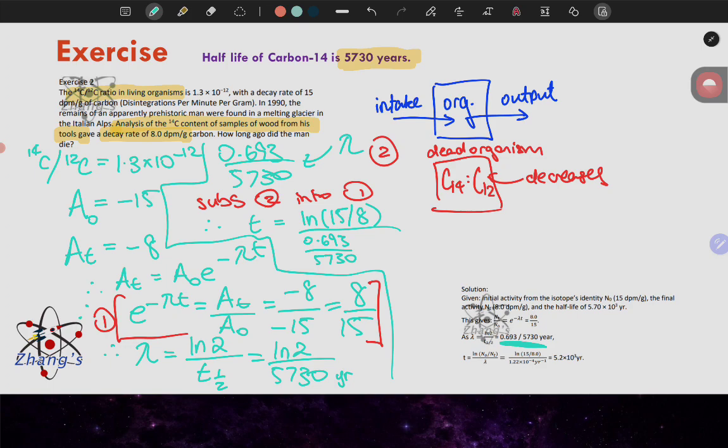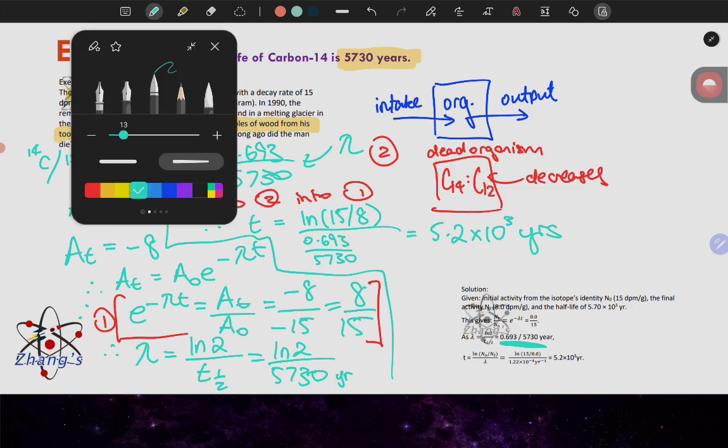Remembering that this time t is the time at which the activity becomes -8, which is the current time. And if you type this into the calculator, you should get 5.2 times 10 to the power of 3 years.